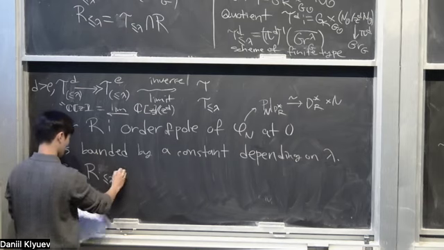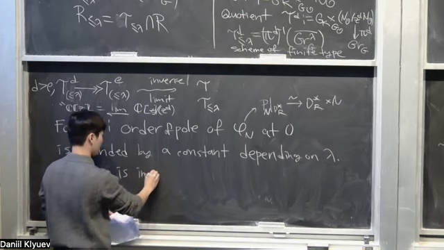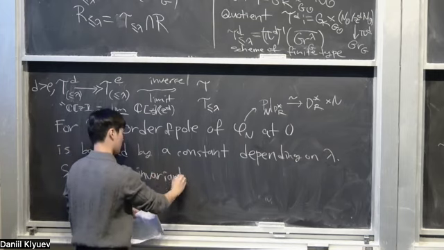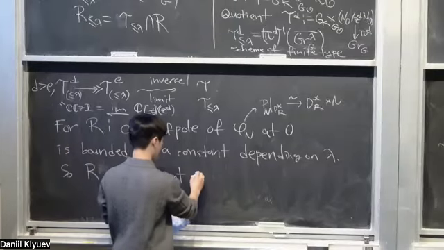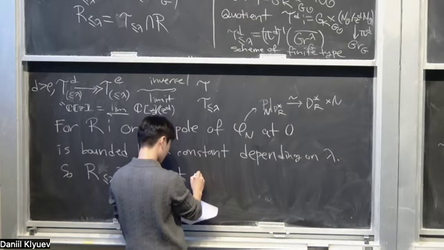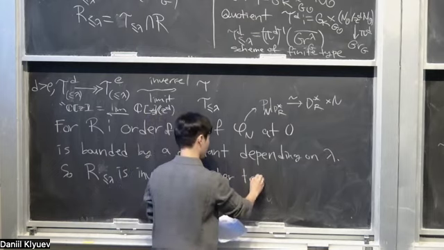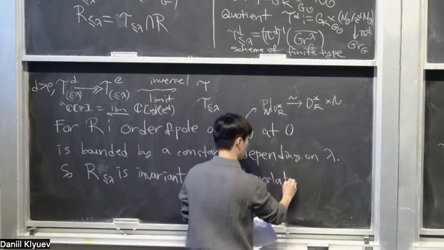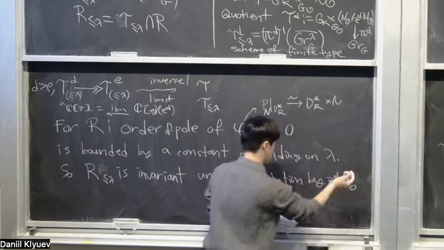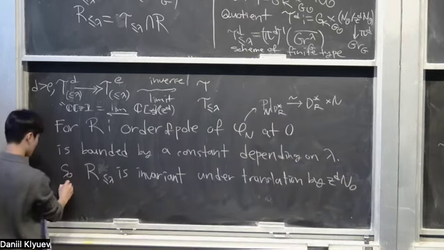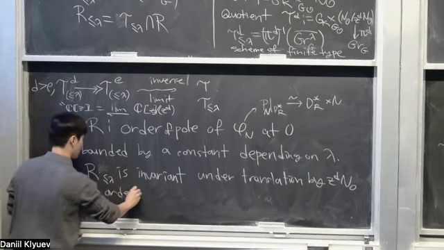So why am I doing this? It's because I want to say that this part bounded by lambda in the affine Grassmannian is invariant under translation by Z^D as soon as E is greater than the order of pole.